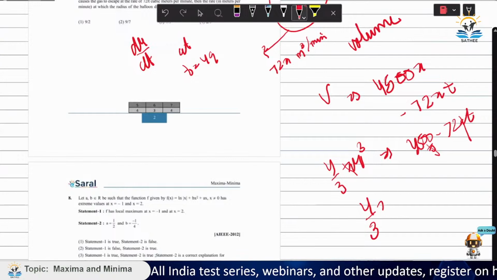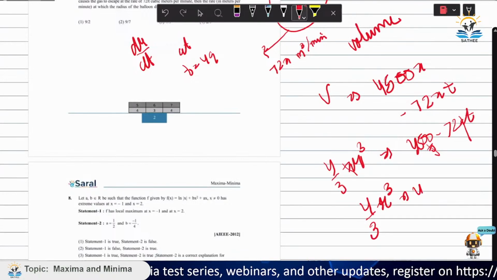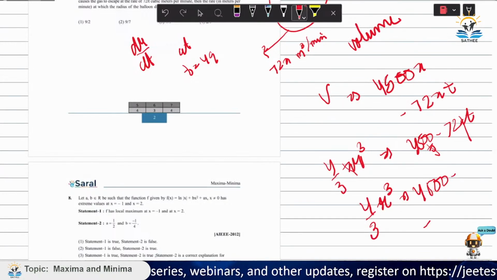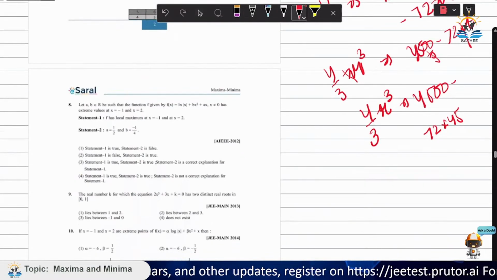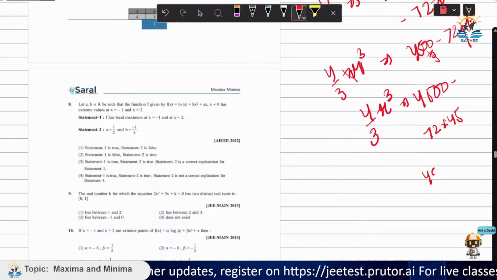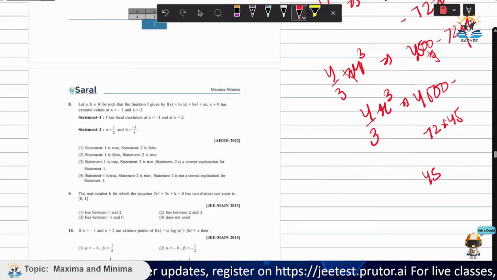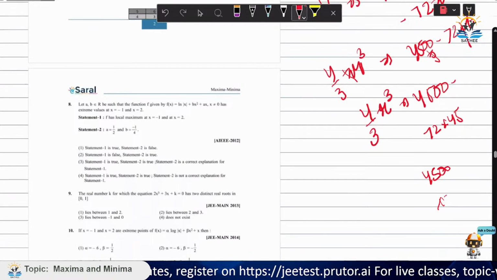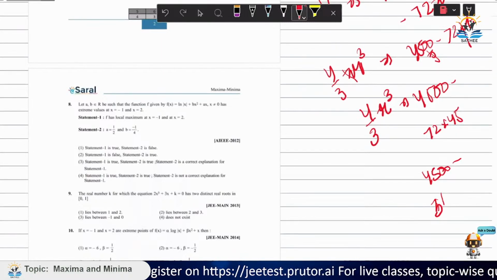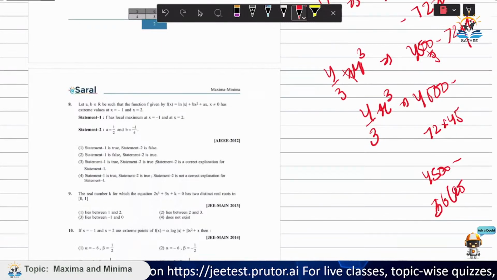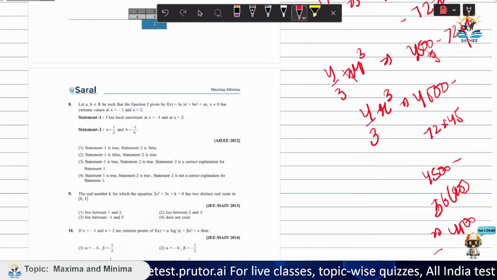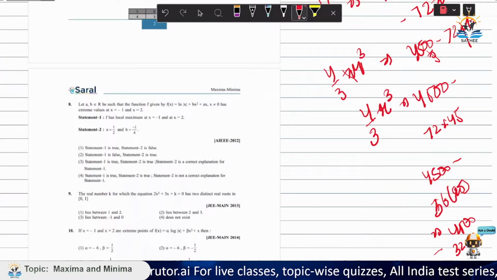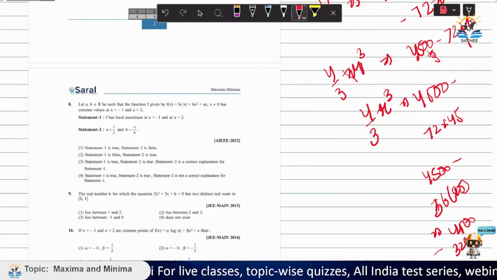So 4 by 3 r cube is equal to 4,500 minus 72 into 49. So this is, sorry, minus 36 into 90, and this is minus 3240, if I'm not wrong.